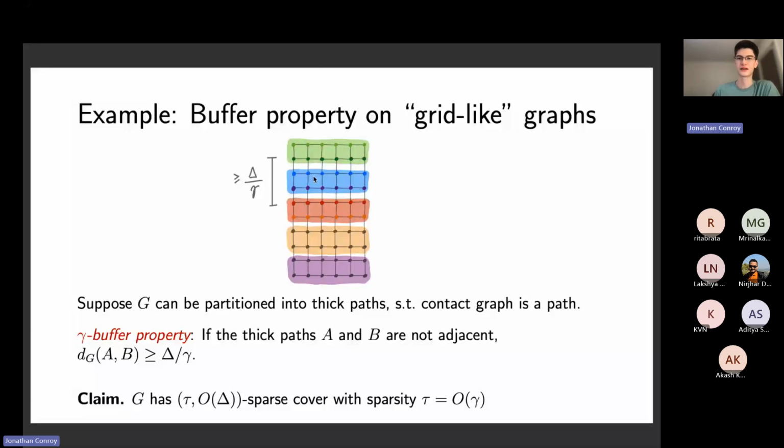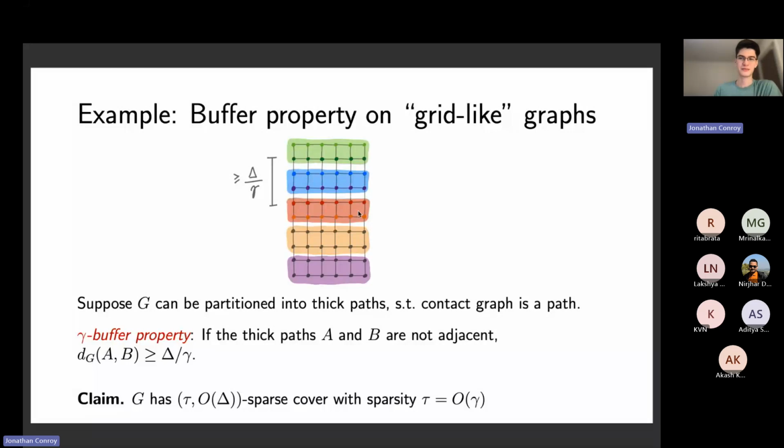So in this drawing, we have this rectangular grid. Again, there's a very natural partition into thick paths, by going along the rows. And suppose we have this property that, let's say, this green and this red thick path are not adjacent, and so the distance between them is at least delta divided by some gamma.